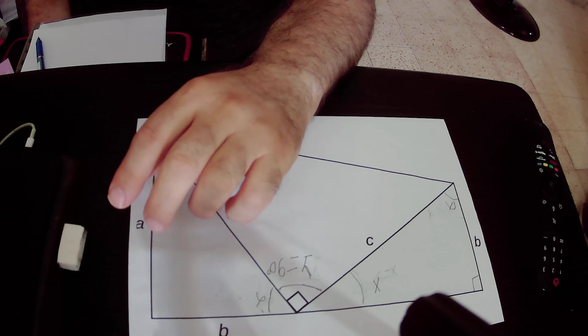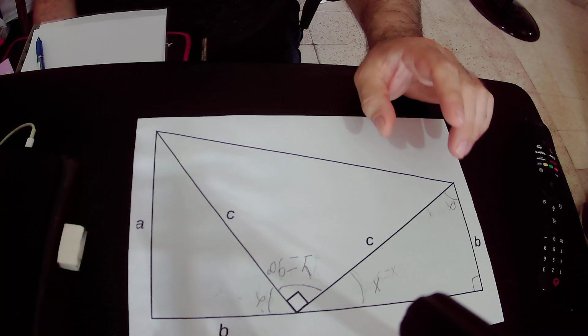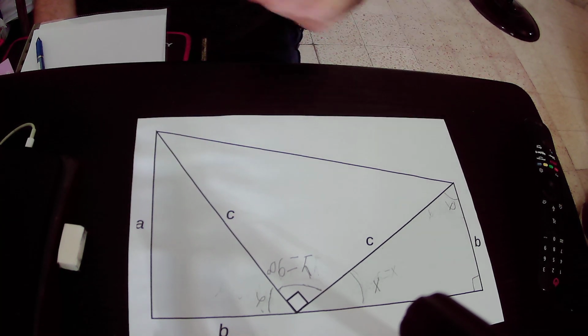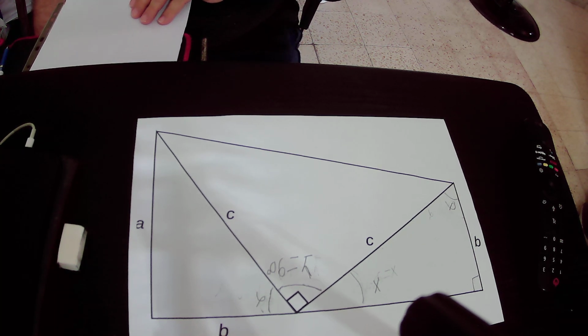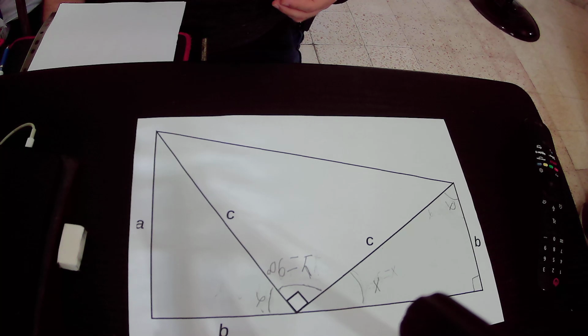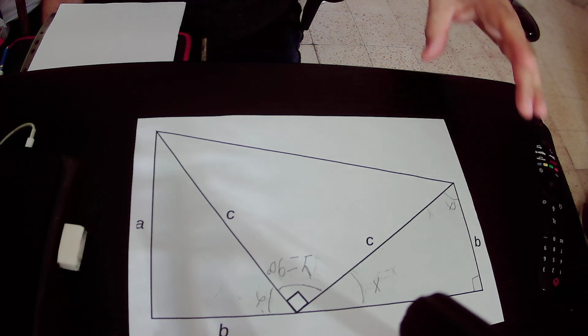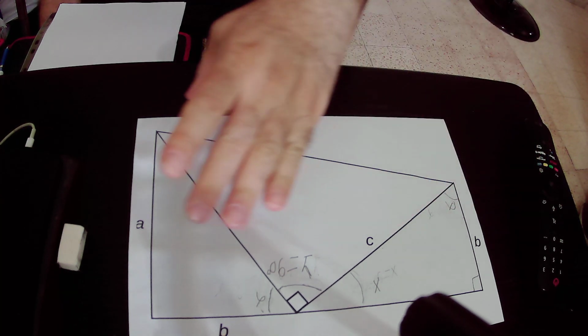So all of the three triangles are right triangles, and now we will calculate the area of this trapeze.